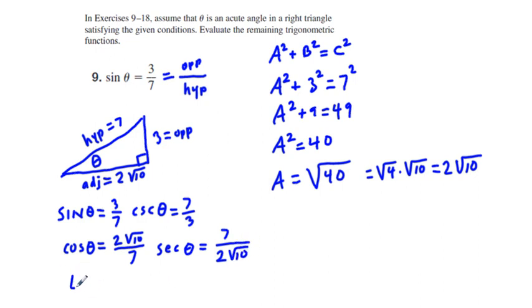And then finally we have tangent theta, which is our opposite over adjacent. Our opposite side is 3, and our adjacent side, again, is 2 square root of 10.